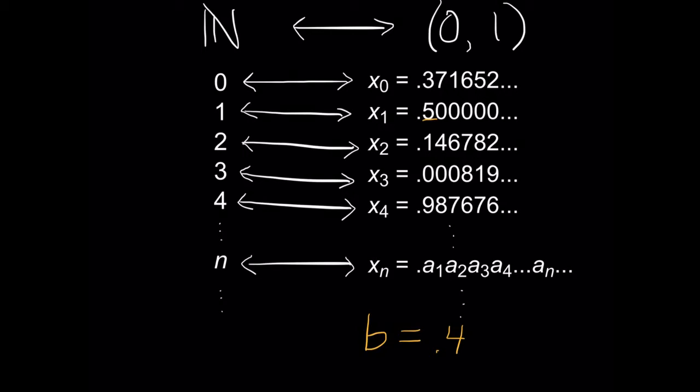Then for b2, the second digit, let's make it different than the second decimal place of x2, and also make sure we don't have 0 or 9. And then b3, the third decimal place, let's make it different than the third decimal place of x3 and not 0 or 9. And then continue on so that bn, the nth decimal place of b, is different than the nth decimal place of x sub n, and not equal to 0 or 9.